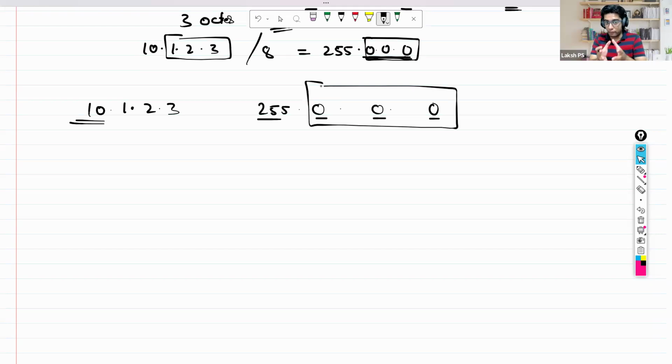And how am I giving it away? By converting the host bits, which are denoted as zeros, into network bits, that is 1. I'm converting them into 1.